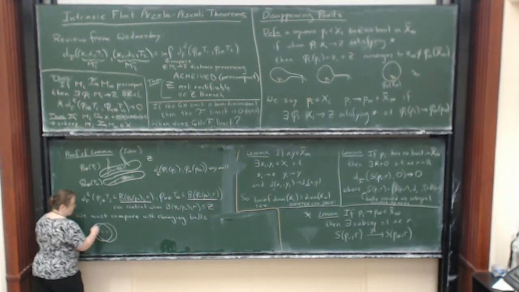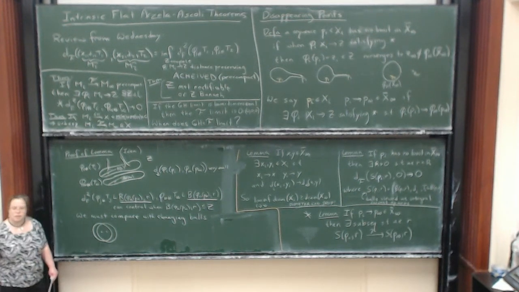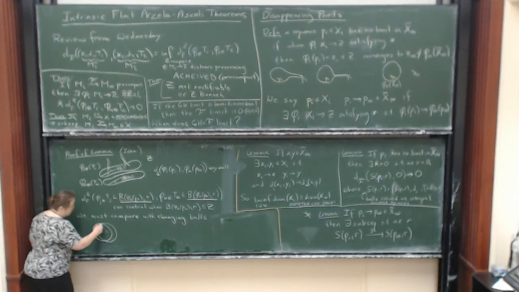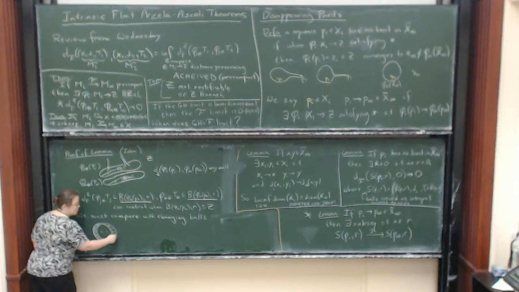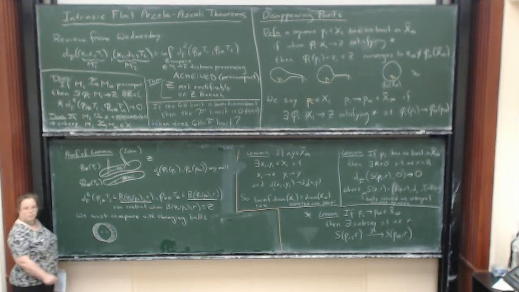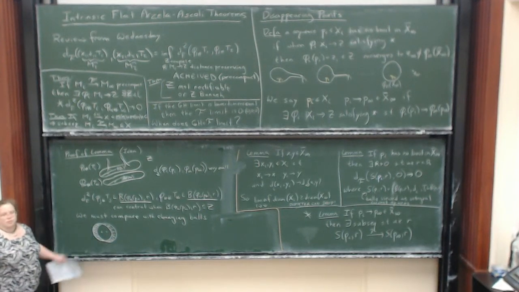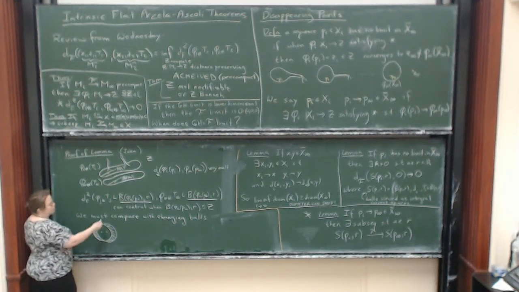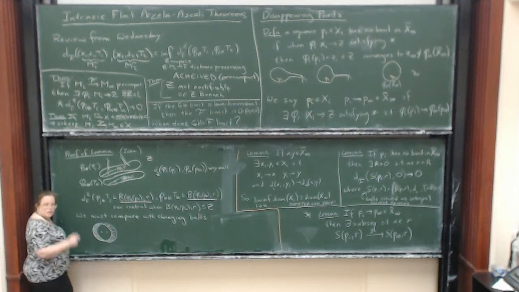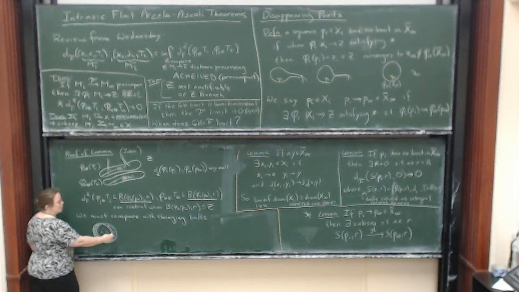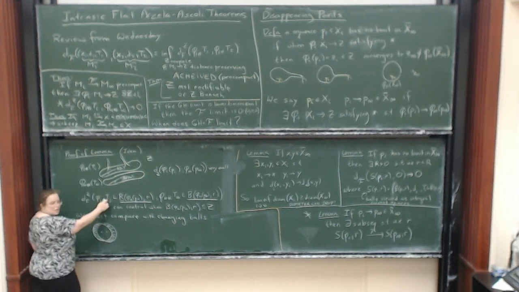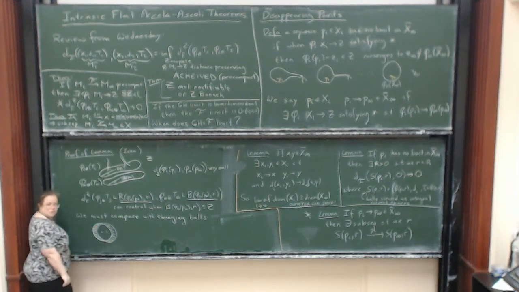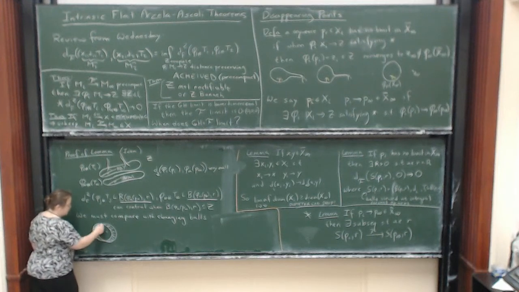You have to compare these two balls that are slightly overlapped, which means you really need to control this mass here and here in order to compare changing balls. I'm not going to write out all the formulas because we'll just take the whole rest of the lesson. But you have two different center points. You need to compare a flat distance between two balls with different centers in the same current. So these two are both in the same T_j current with two different centers.